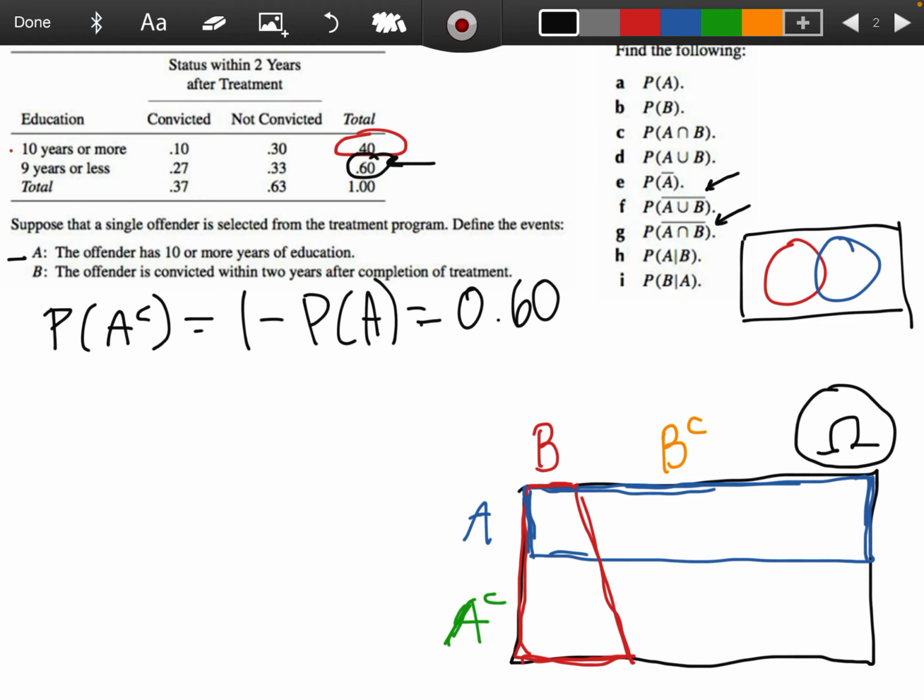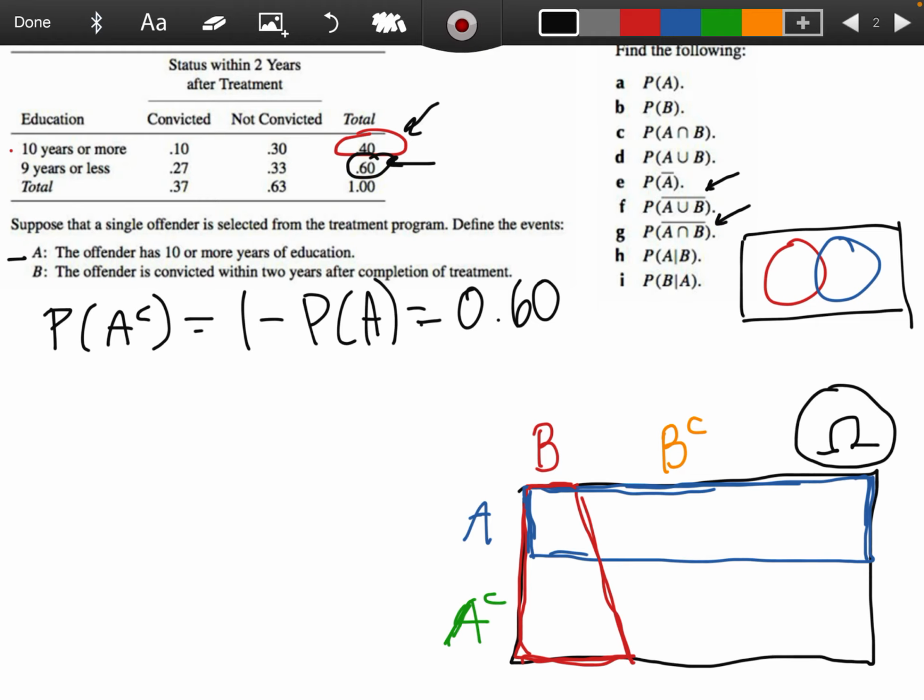You might have just been given the fact that the probability of event A is 0.40, and you're asked to get the probability of its complement. That is to say, the probability that that event is not true, that someone in this program did not have 10 years or more of education. And so you want to be able to make use of these axioms and theorems that are rather straightforward.